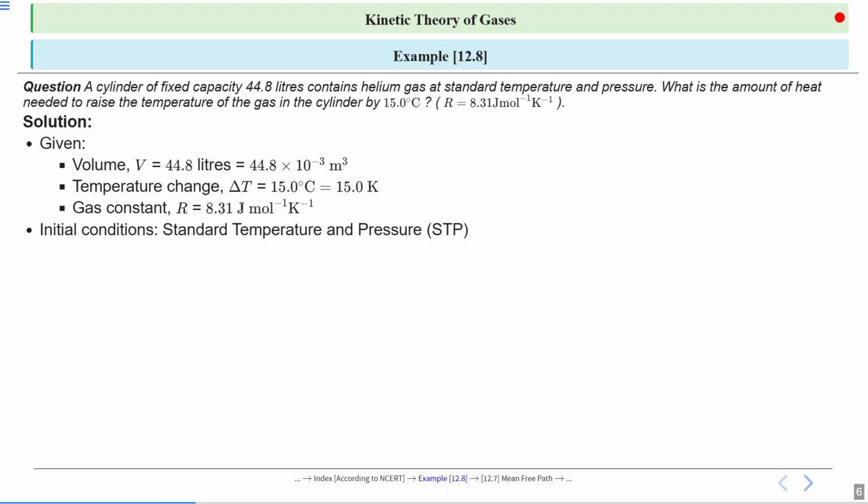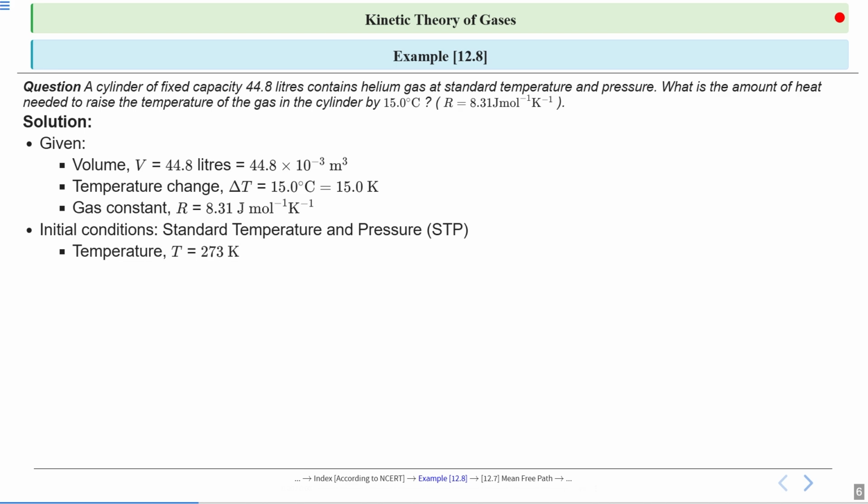Now let's consider the initial conditions. The problem states that the gas is at standard temperature and pressure, or we can say STP. This means we have specific values for temperature and pressure.